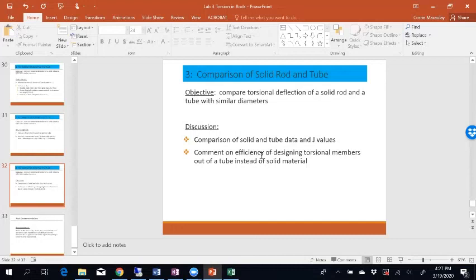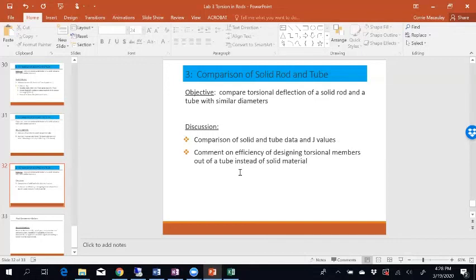But I want you all to comment on the efficiency of designing torsion members out of a tube instead of solid material. Now, this might take some of you back, but a couple of years ago, maybe 3 years now, Ford made a big deal and put out a commercial about, not the drive shaft, but their chassis, and how good their body was because of the type of metal and because it was a hollow metal.